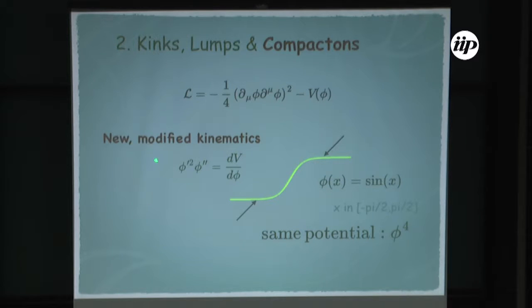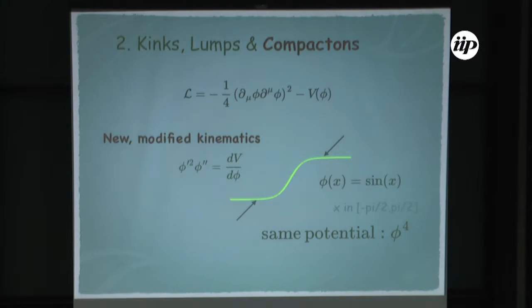For the same phi-four potential, the solution is the sine of x, and the sine of x goes to 1 at pi over 2. So this is a compact solution.